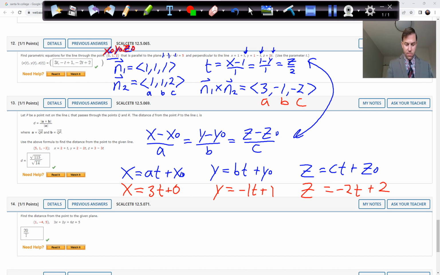So once you simplify these, you will get 3t for x, which I wrote right there. You'll get -t + 1, and you'll get -2t + 2. So that's how you'll solve that one.